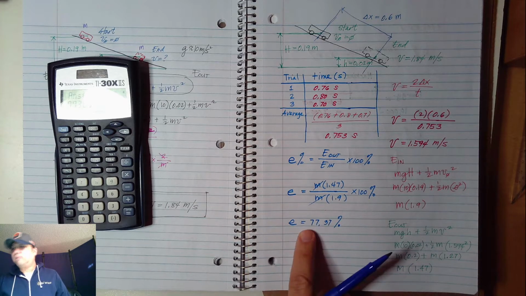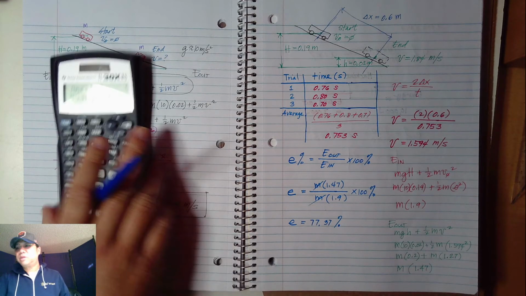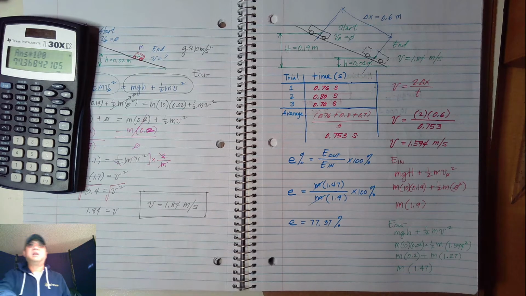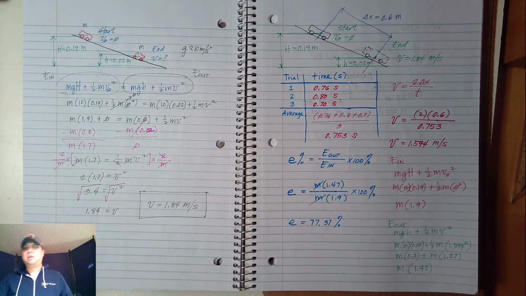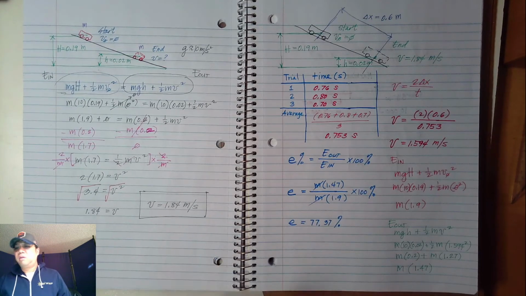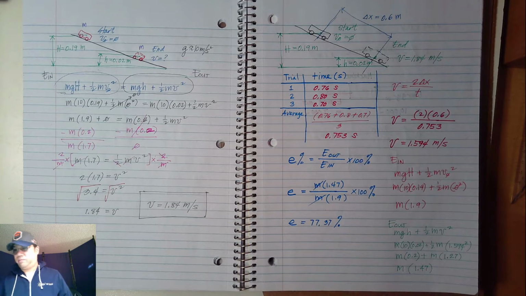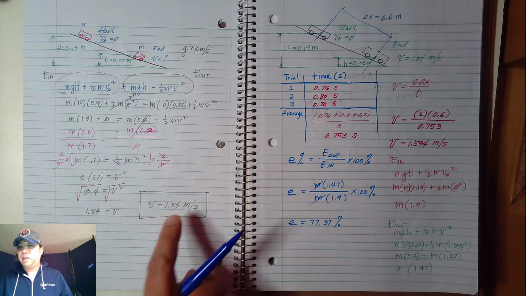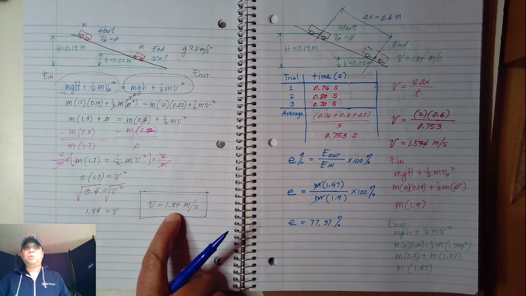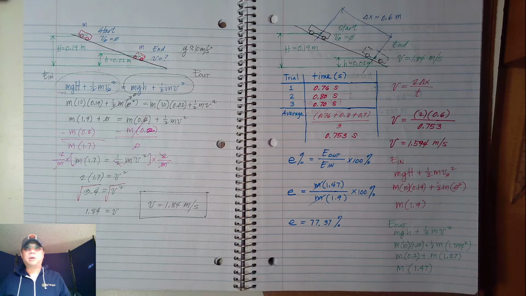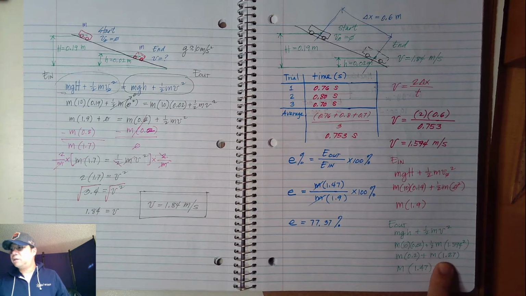But my question is, what if we use the same velocity here? What will be the efficiency if we use this velocity? For sure we will get 100%, because this is what it's meant to be. We want this velocity, and velocity will dictate the amount of potential energy right here.